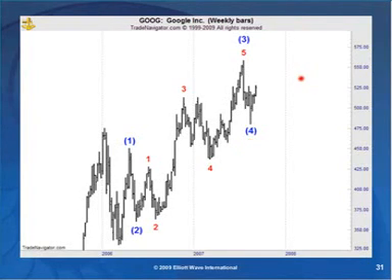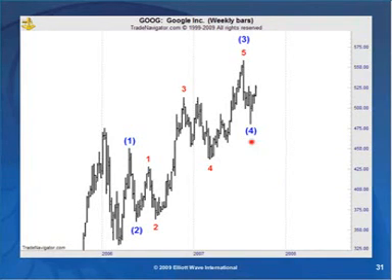And let's assume that we want to catch this move to the upside, but we've already come a long way, and this is a $500 stock. This thing's been moving up and down in a range of about $15 each day, intraday. So we need to be somewhat cautious about this.